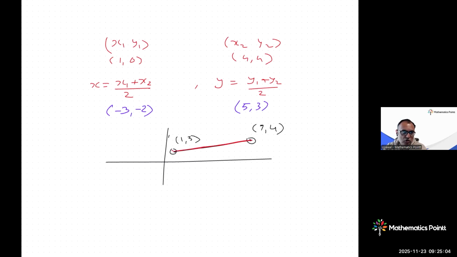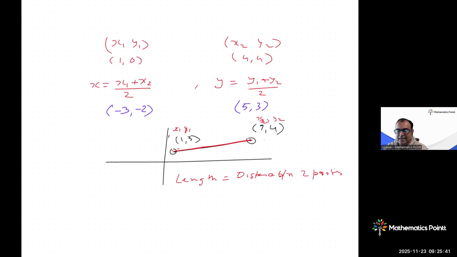So the formula to use for the length of the line, I'm giving the formula straight away. Now again, mind you, you have x1, y1, and x2, y2. So the length of the line, or the distance between the 2 points. This formula is very important.